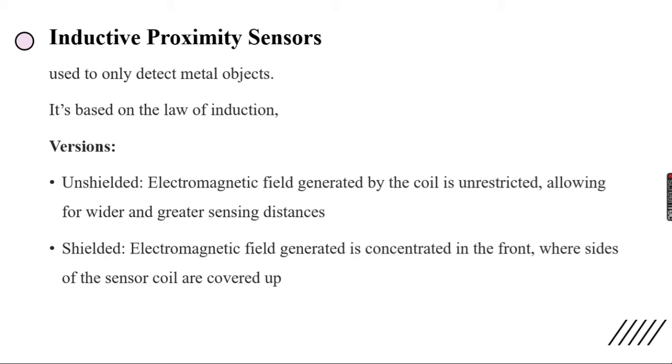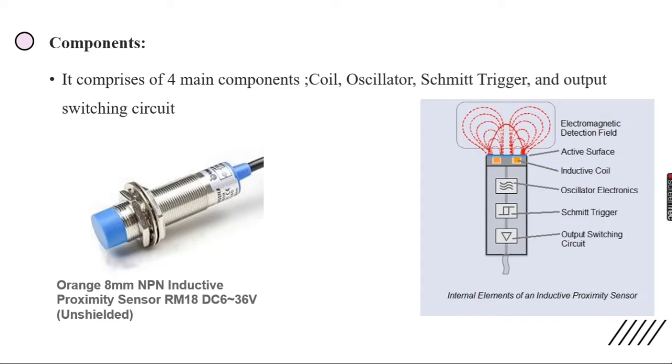First, the inductive proximity sensor, used for metal detection, only metal detection. Based on the law of induction, it has two versions, shielded and unshielded. In the shielded version, the coil which generates the electromagnetic field is covered up, and in the unshielded it is not covered. There are four main components: coil, oscillator, Schmitt trigger, and output switching circuit.